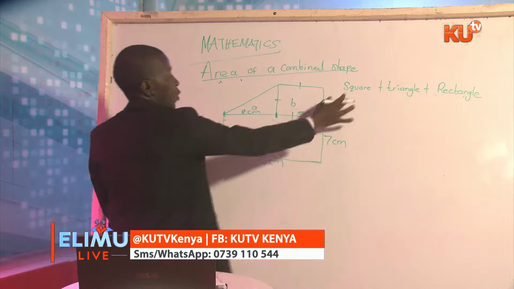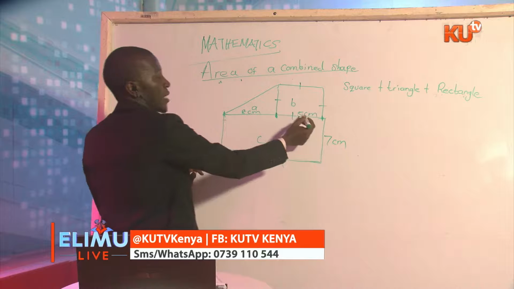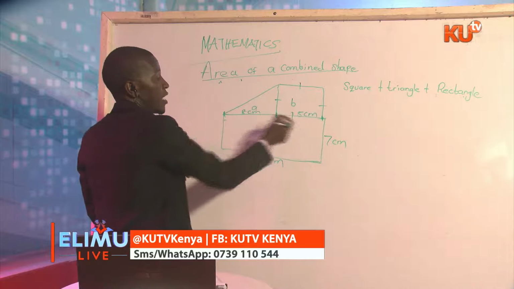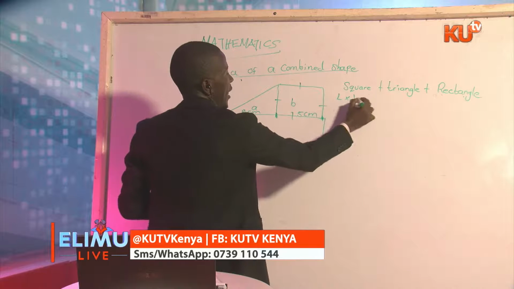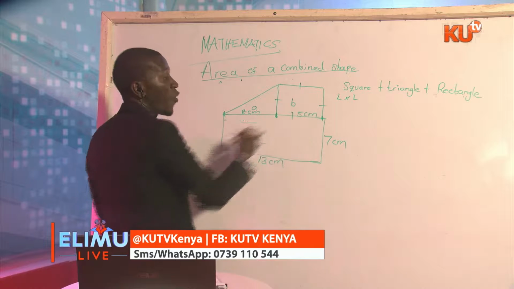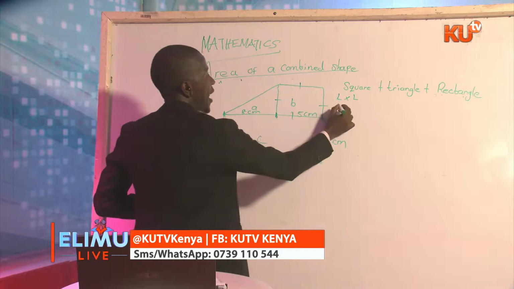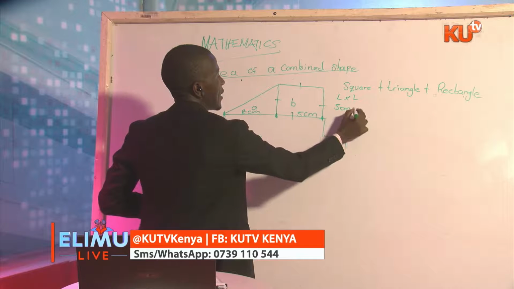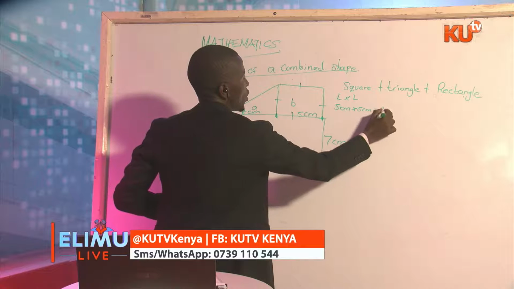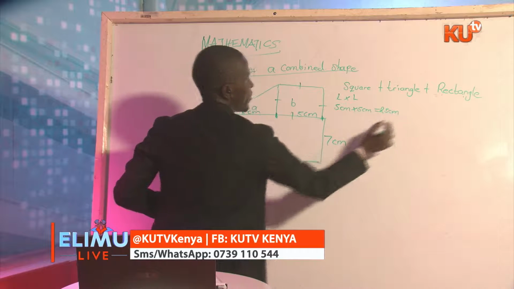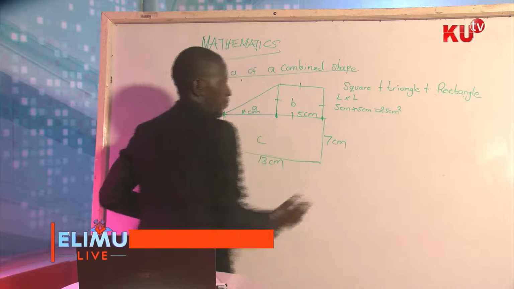So let's start with the square. The square, as you can see, this one is 5. So you start with the formula, which is length times length. And what is the length of the square? It is 5 centimeters times 5 centimeters, which gives us 25 centimeters squared.